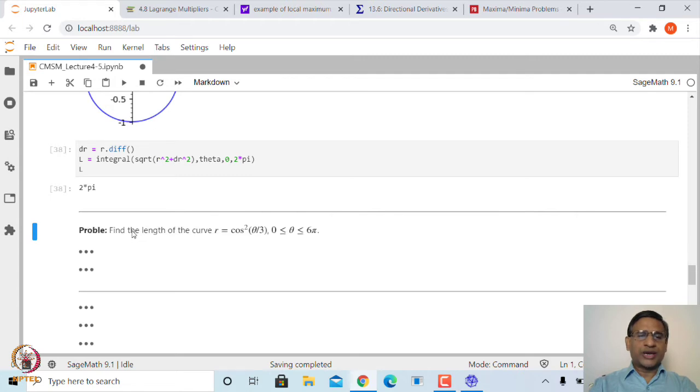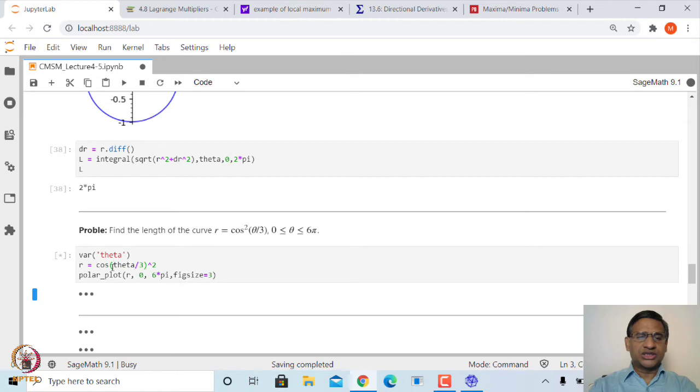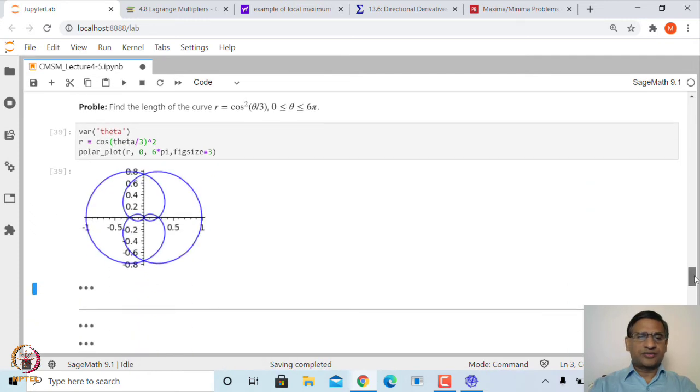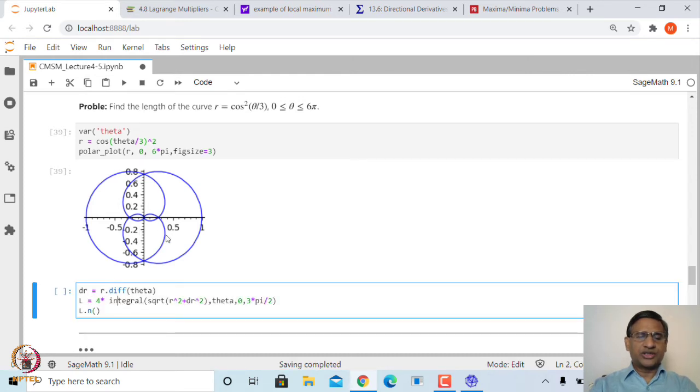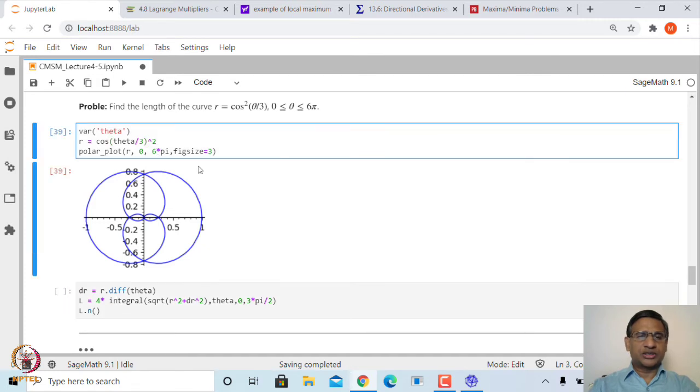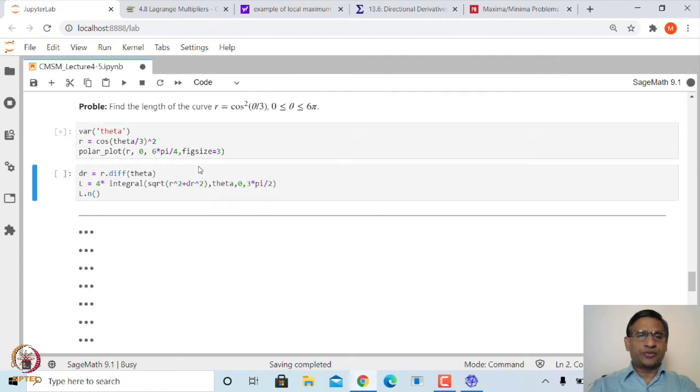Let us look at, suppose we want to find the length of the arc r is equal to cos square theta by 3 and theta varies between 0 to 6 pi. Let us first plot the graph of this polar curve, and this is how the graph looks like. When you find the length of this curve, what you can do is, suppose we plot this curve between 0 and let us say 6 pi by 4.